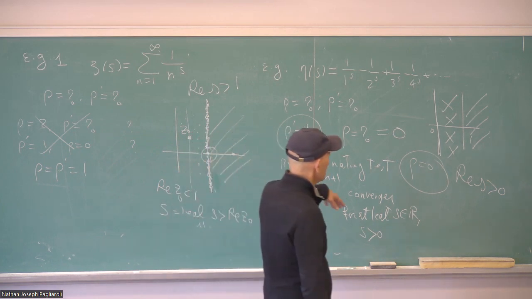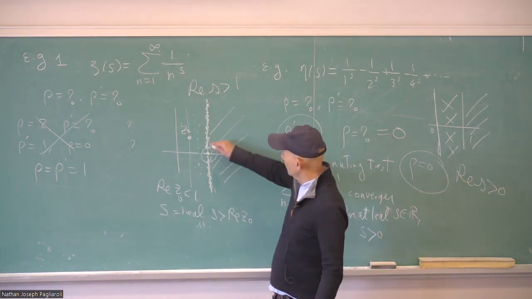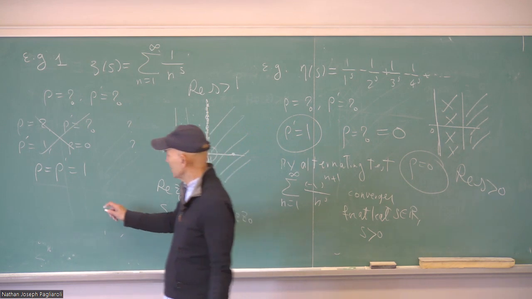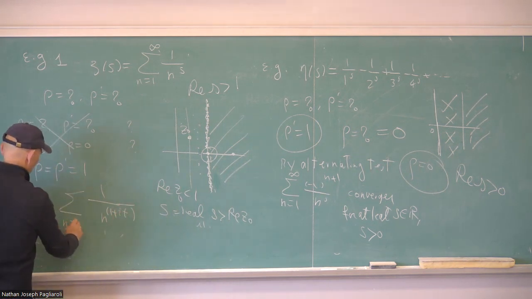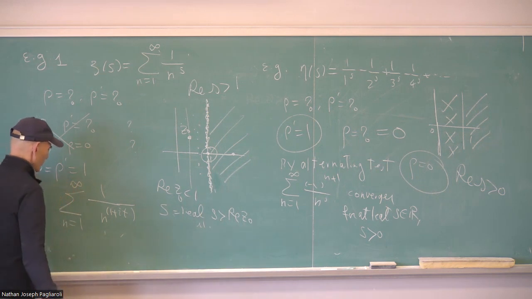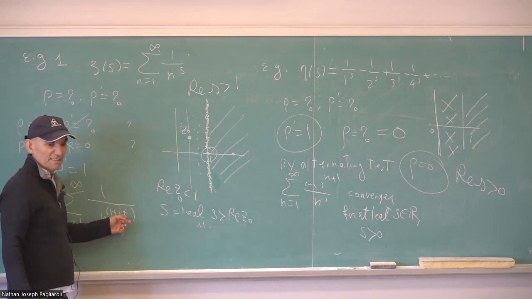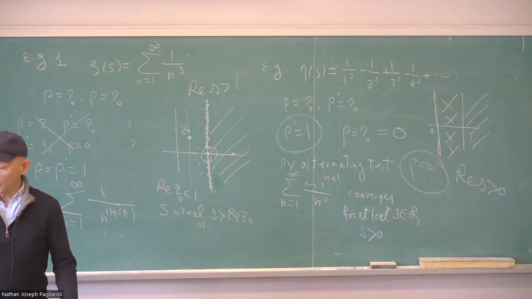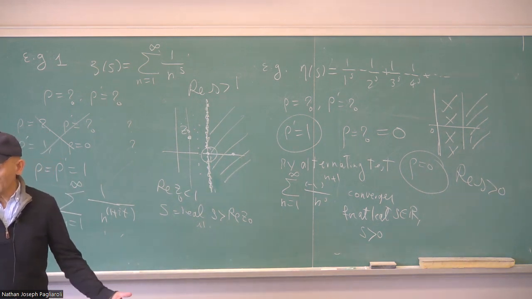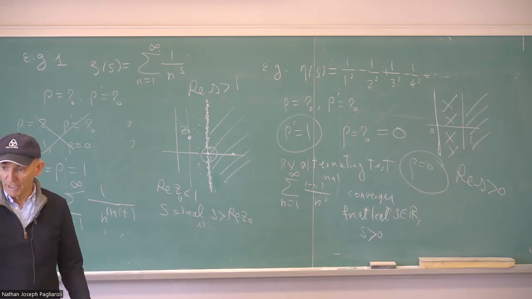This series over here is like this series. But this we know for sure: that's the pole of the zeta function, s equal to 1.